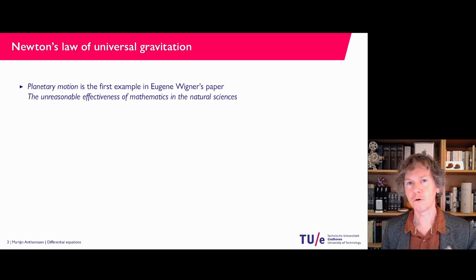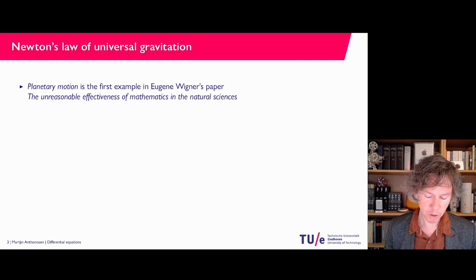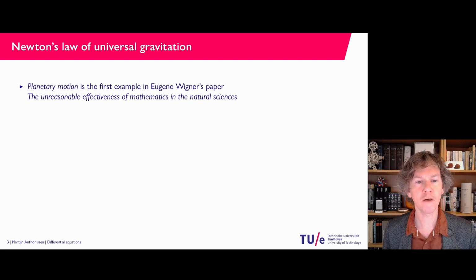So one of the most successful or famous examples with differential equations is planetary motion. So Newton's law of gravitation that you already know from high school. And in fact, there is a paper by Eugene Wigner, and this paper is called The Unreasonable Effectiveness of Mathematics in the Natural Sciences.